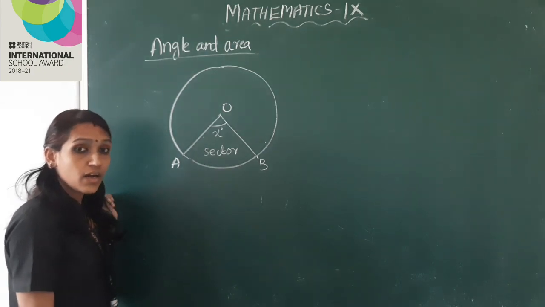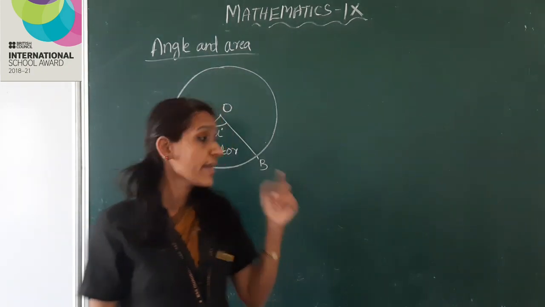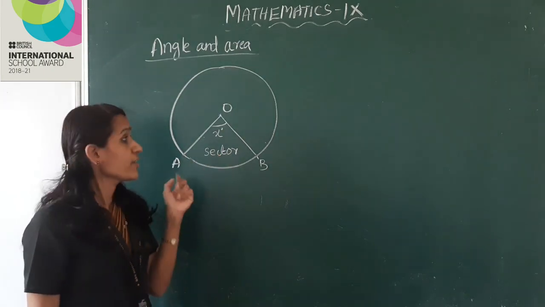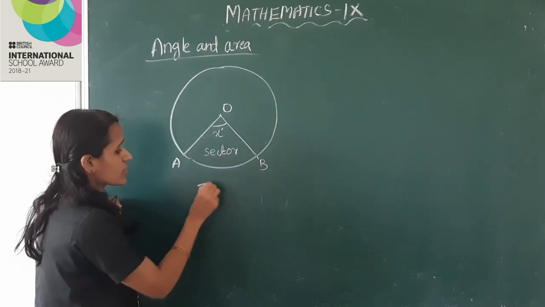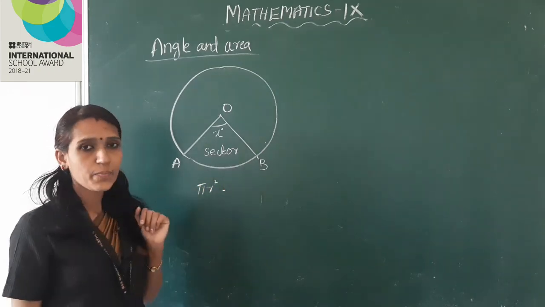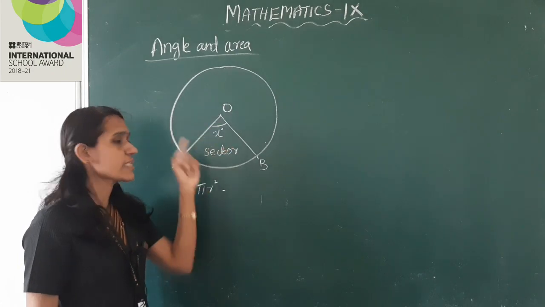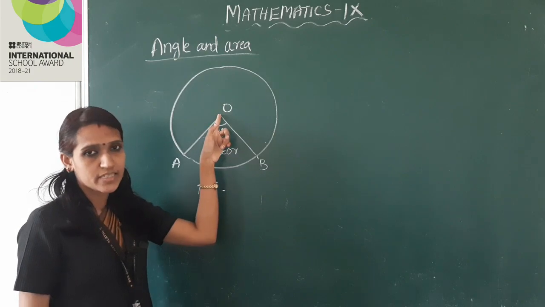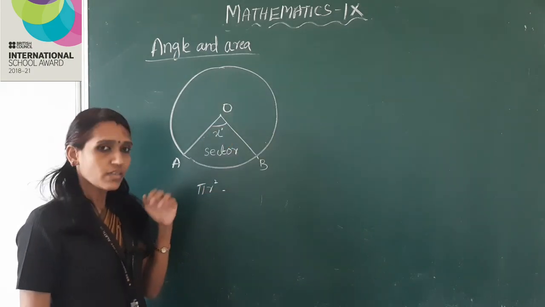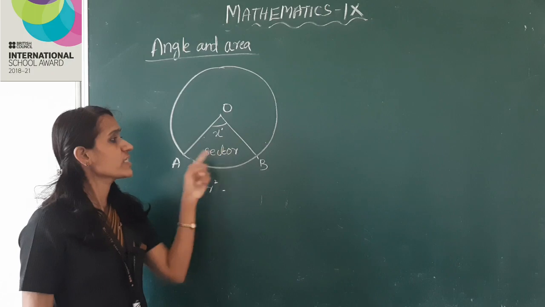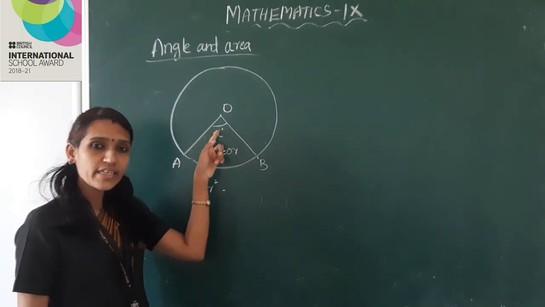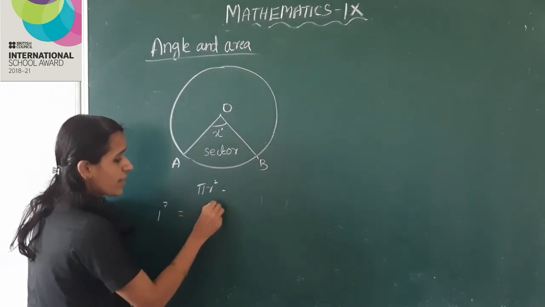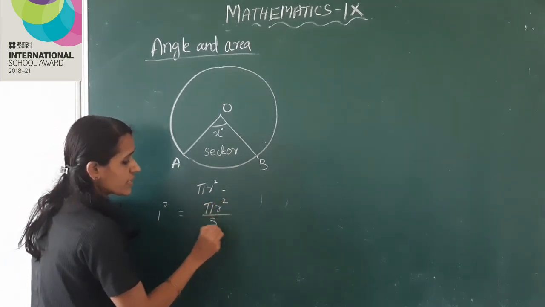Now how do we find out the area of the sector? We know that the area of a circle is pi r square, right? That is the area of the sector with 360 degree angle at the center. Now the area of the sector with 1 degree angle at the center is pi r square by 360 degree.